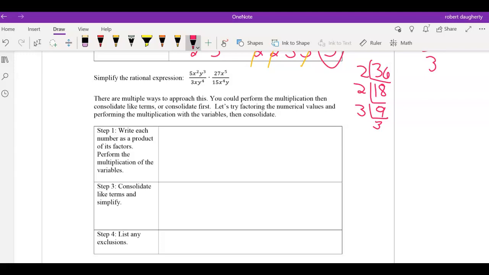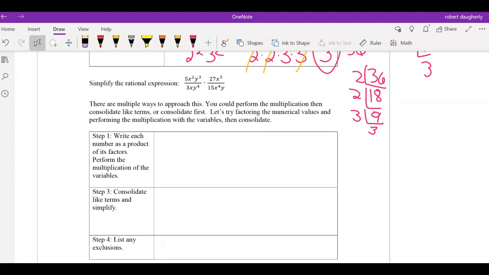We've got 5 in the first expression. So I have 5, and then I've got what? X squared, y cubed, divided by 3xy to the 4th times.